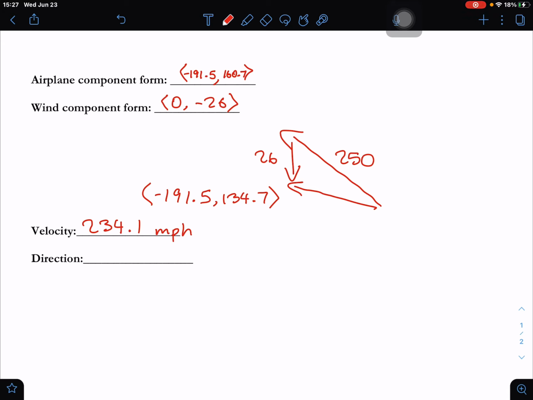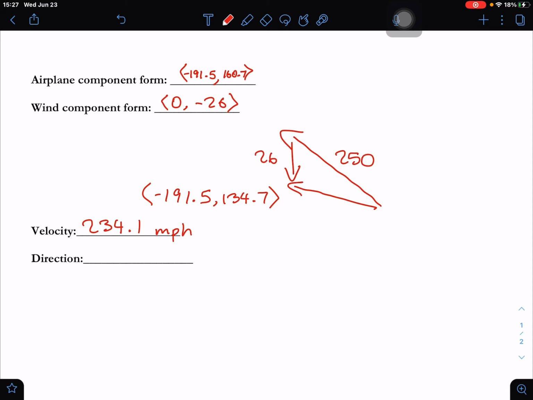And then since we know that this is going to be our tangent, we have to take the inverse tangent of this to find the actual angle. And what I ended up getting is negative 35 degrees once I plugged it into the calculator. And obviously negative 35 degrees would be in this direction, but since we know that it's in the opposite direction, we're just going to have to subtract this 35 from 180.